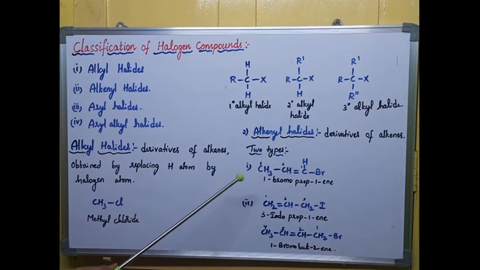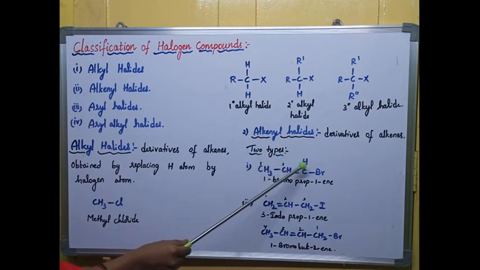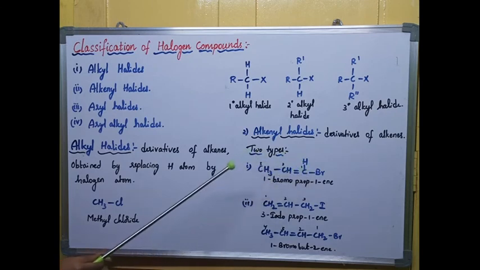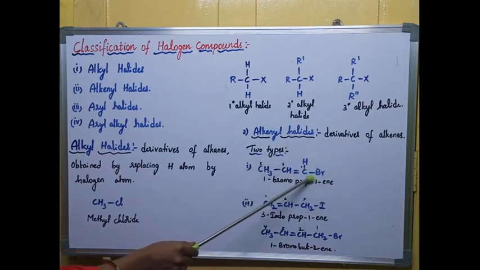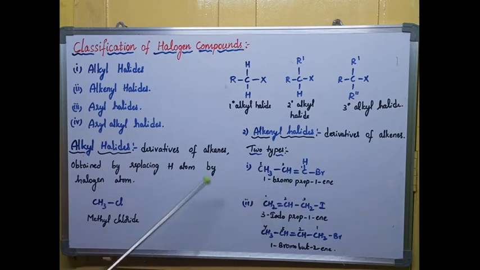In the first case, the halogen is attached directly to a doubly bonded carbon; you can see here, bromine is attached directly to the doubly bonded carbon. In the second case, the halogen is attached to an sp3 hybridized carbon, that means a carbon not having any double bonds.